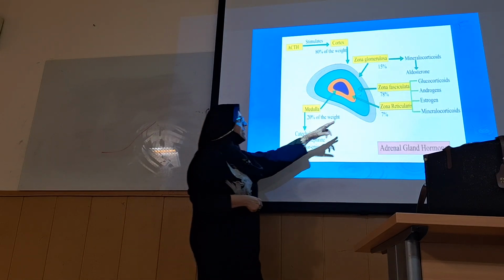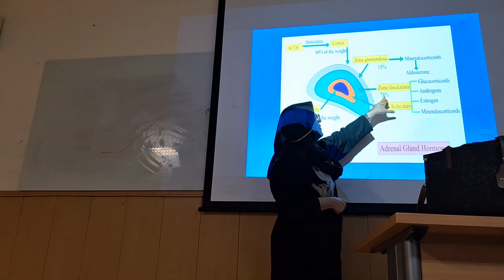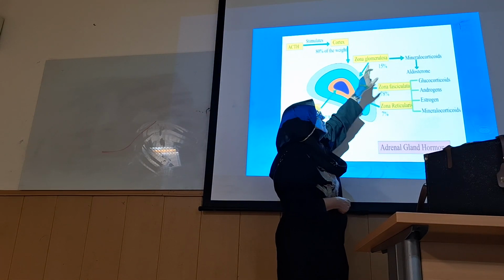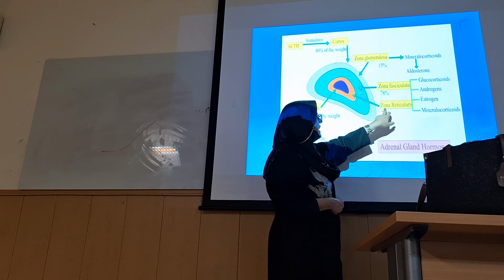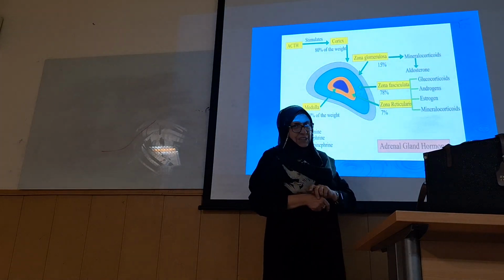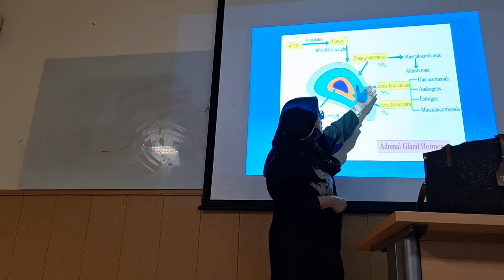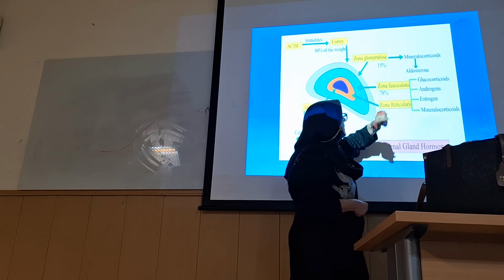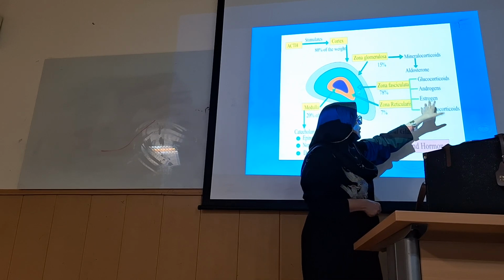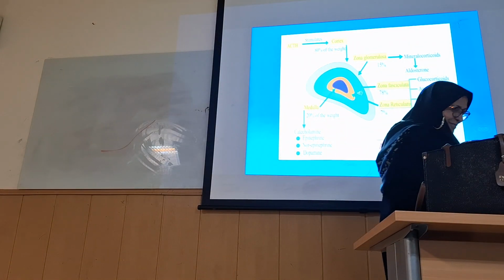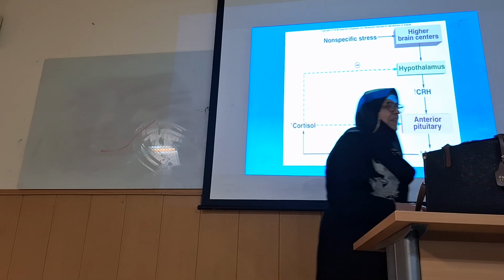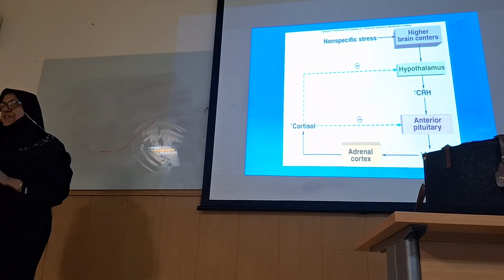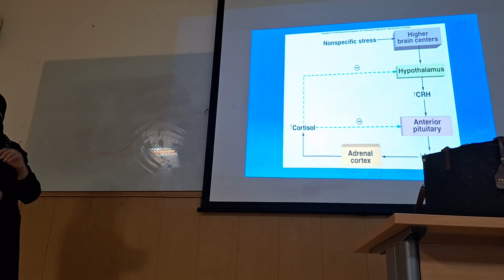For example, 8% is zona fasciculata, 50% is zona glomerulosa, and 7% is zona reticularis. Okay? Zona fasciculata is related to glucocorticoids, zona glomerulosa to aldosterone, and zona reticularis to weak sex hormones.